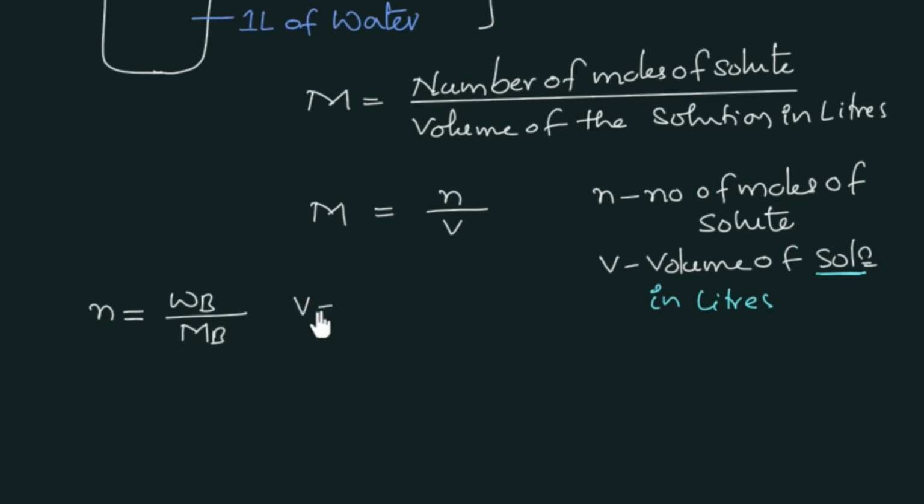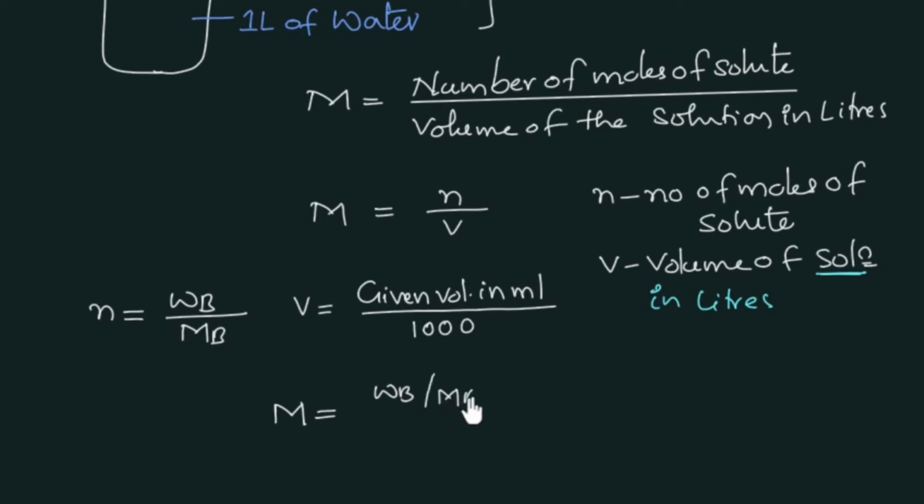If the volume is expressed in mL or cm cube, other than liters, then you have to divide the given volume by 1000. So the molarity of the solution becomes: n given as W_B by M_B, whole divided by the given volume, V divided by 1000.